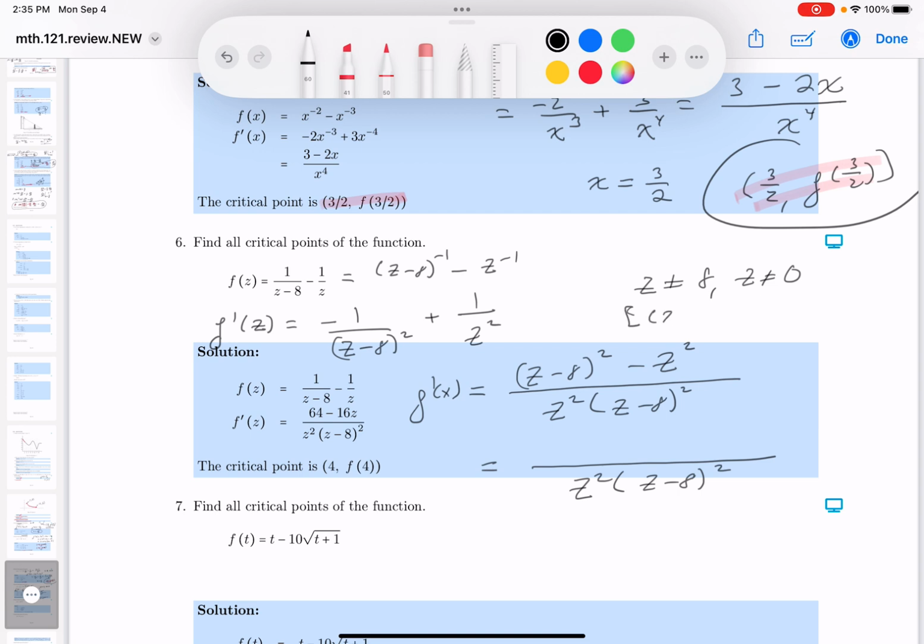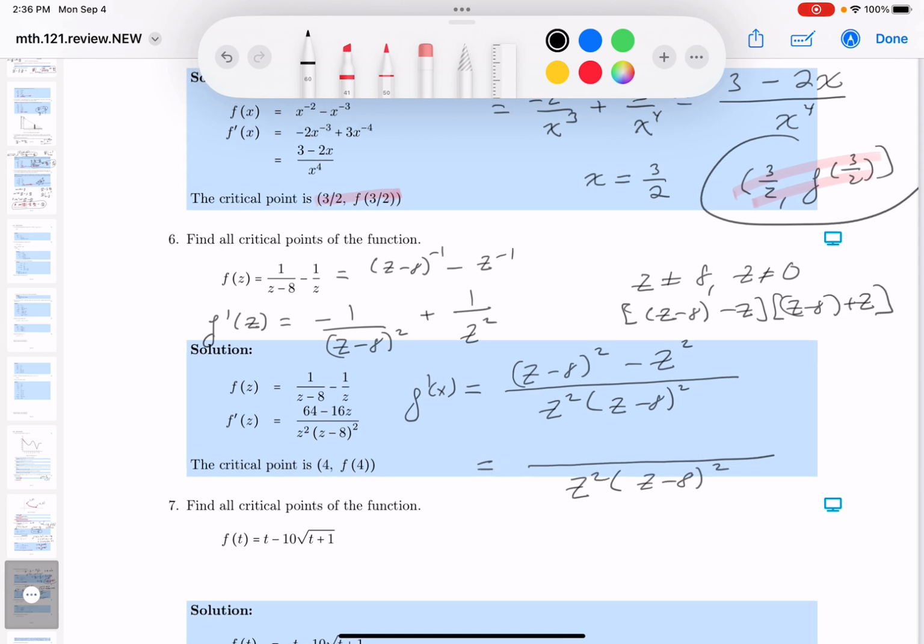So it's going to be (z minus 8 minus z) times (z minus 8 plus z). Well, I guess I could do that, right? So the first factor would be minus 8, and the second factor would be 2z minus 16.